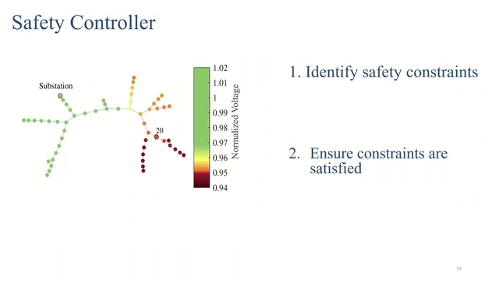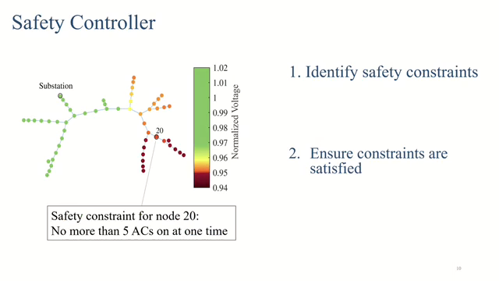So on the left is our distribution network diagram, and node 20 is highlighted. An example of a safety constraint for node 20 might be that no more than 5 air conditioners can be on at one time, otherwise the voltage constraint will be violated. So more formally, we call this a counting constraint with a lower and an upper limit.